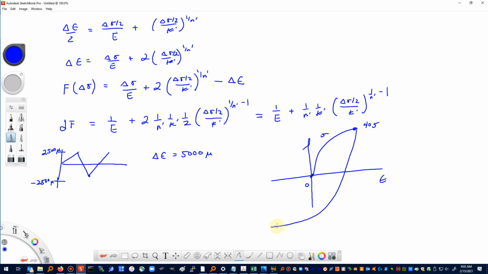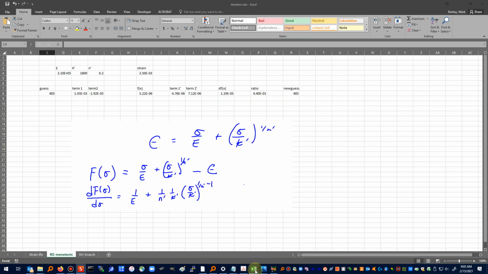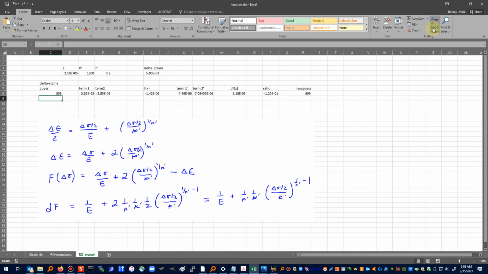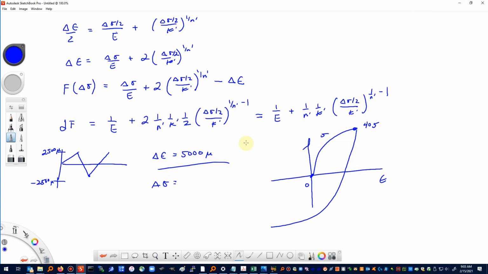I had a change, a delta strain of 5,000 microstrain, and that corresponds to a change in stress of, we said 809. We're on the branch equation, 809. So we're at plus 405.